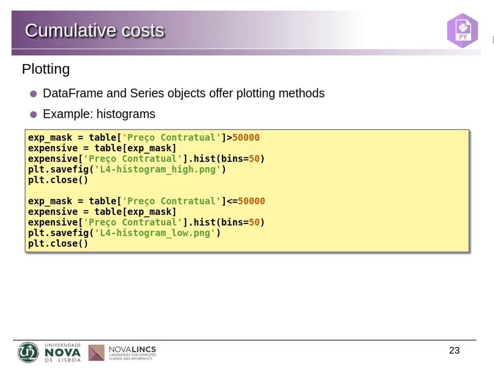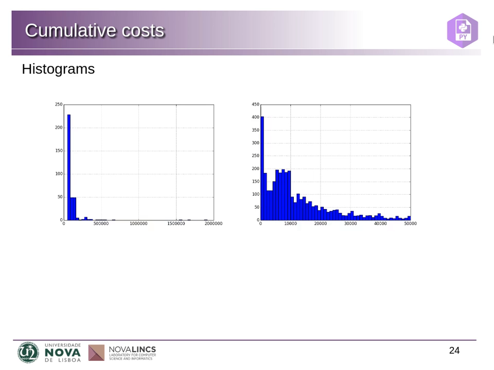And then I'm selecting from the table all those rows which have over 50,000 price in the contract, and I'm plotting a histogram with 50 bins for the series corresponding to the contract price. So looking at these expensive contracts, looking at the column with the price, I want a histogram with 50 bins, and I have this histogram here.